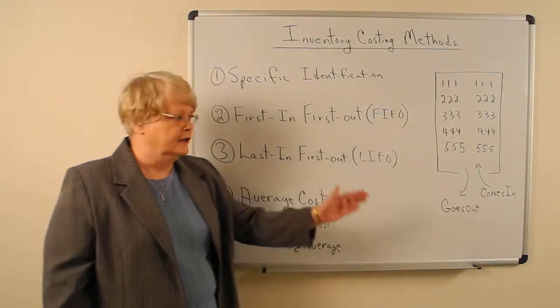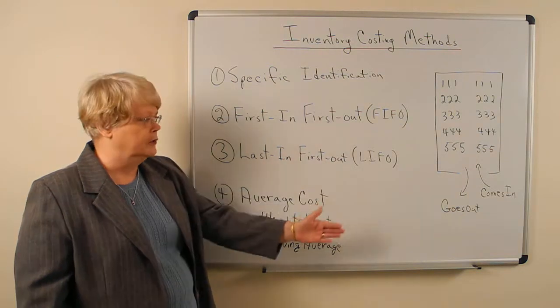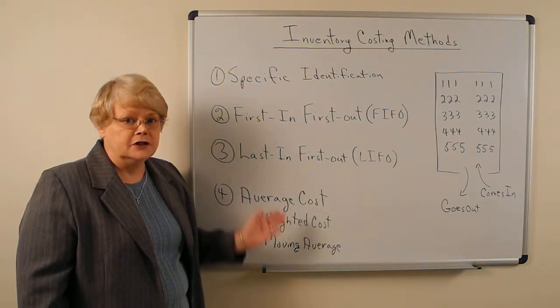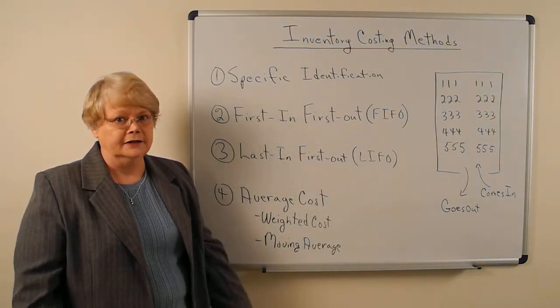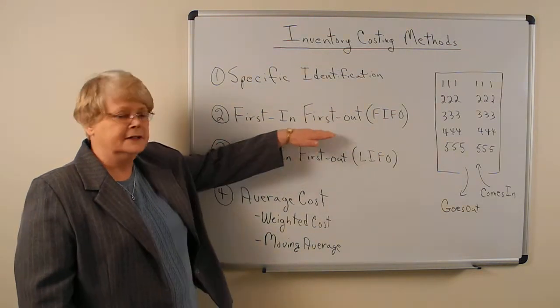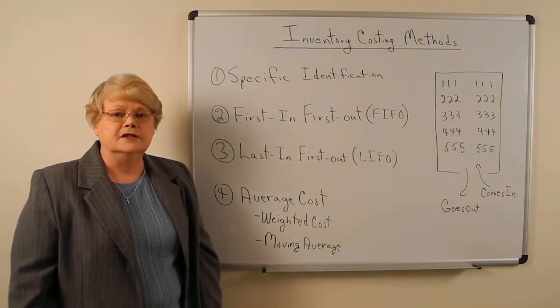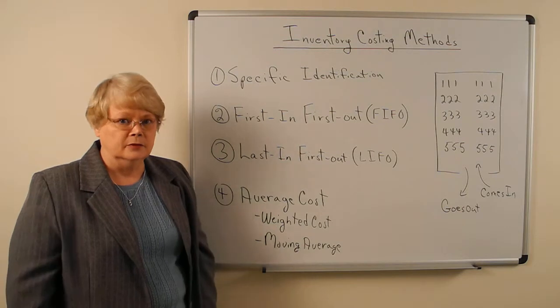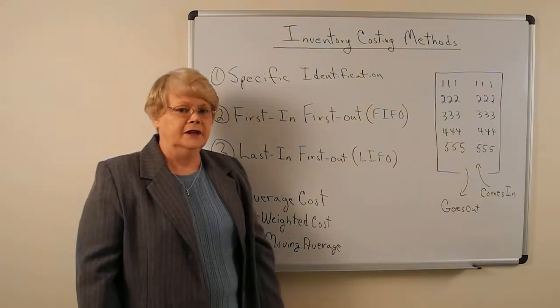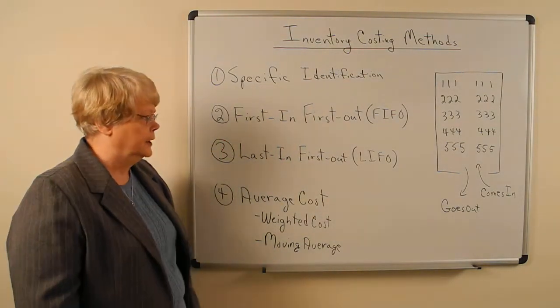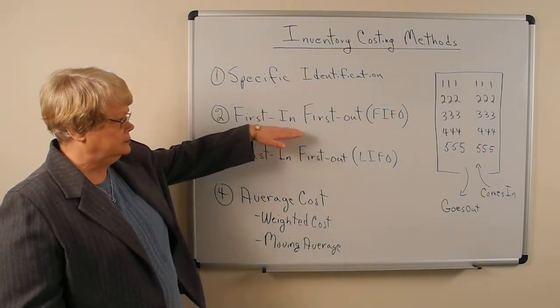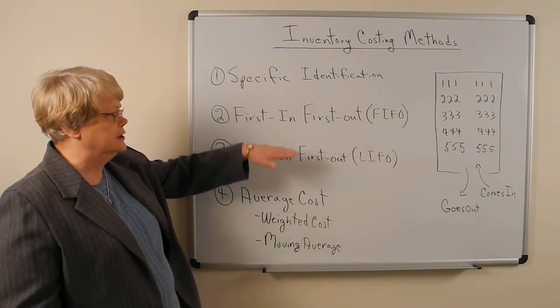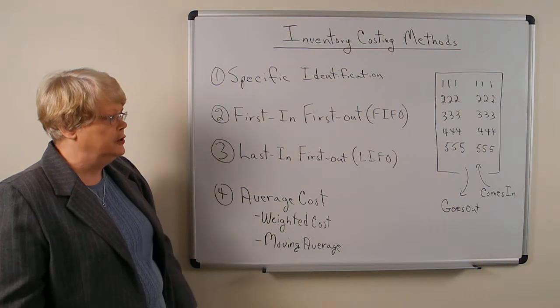In other words, the physical flow of the inventory does not have to match the cost flow assumption that we use in our accounting system. We will adopt a system, and whatever system we adopt, we will be consistent with that system for the inventory that we have.